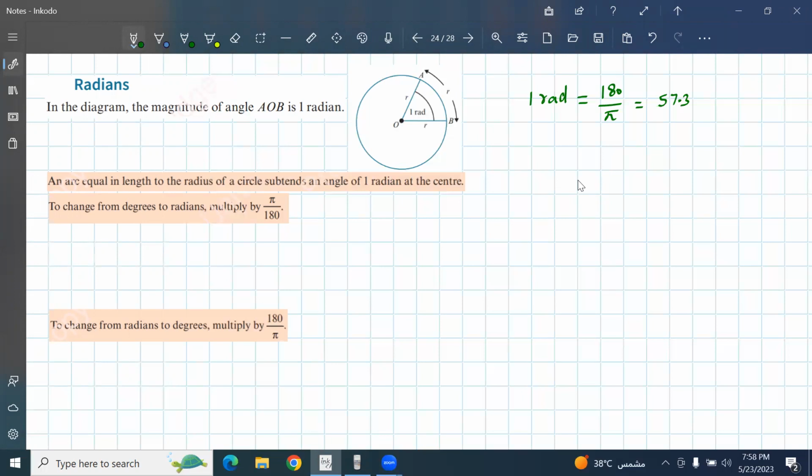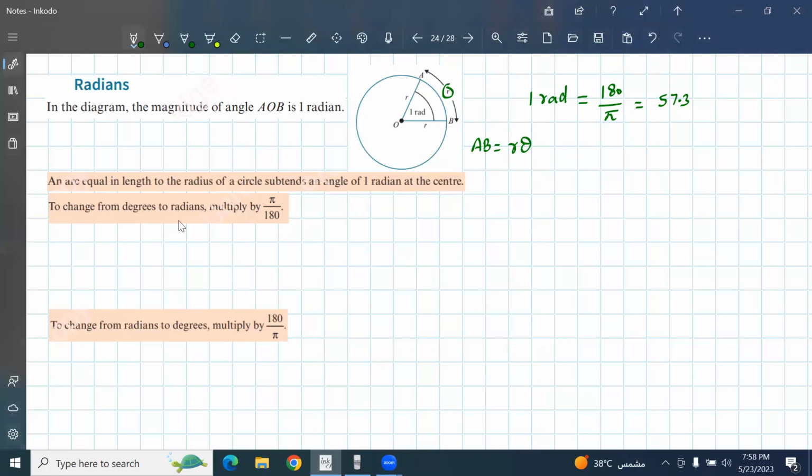An arc in the length to the radius of a circle subtended an angle of 1 radian at the center, means this arc length AB is equal to r theta. So remember, in radian, we will apply the concept of arc length, radius multiplied by the given angle.